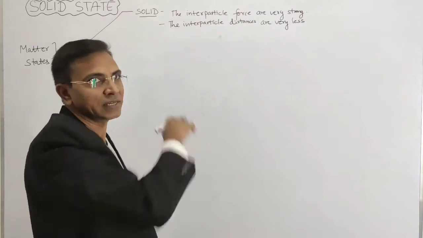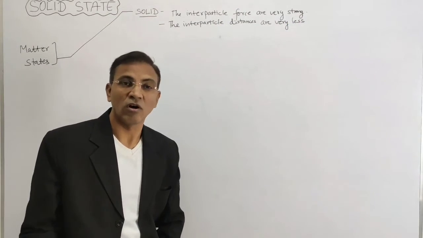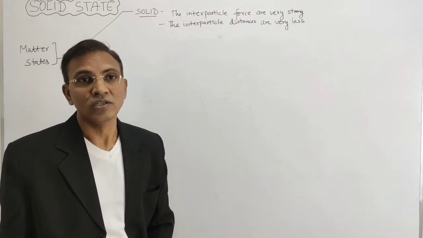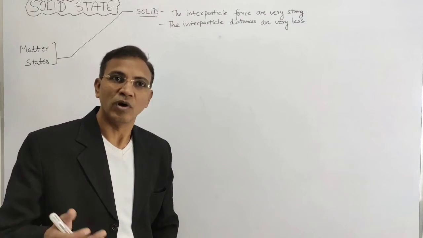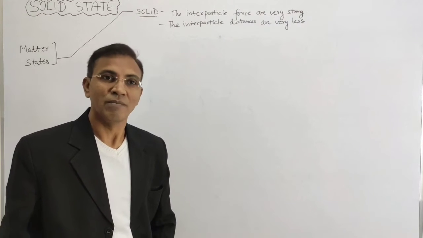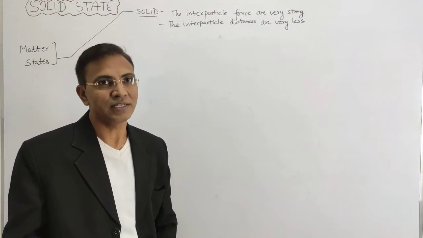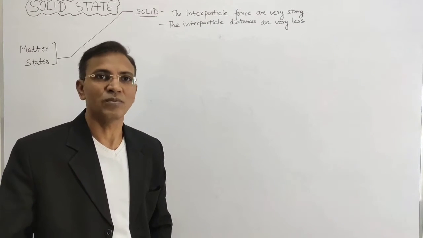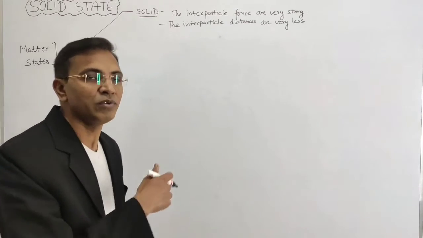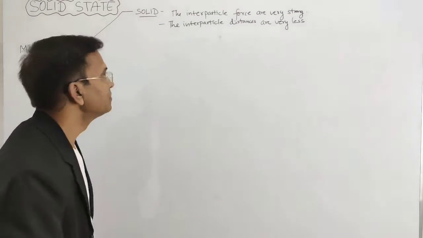Why do we use interparticle? Because the particles of which the matter is composed may be atoms, may be molecules, may be ions. So better to write interparticle particles, whatsoever it may be, the atoms, molecules or ions, right? So here I am using the interparticle.